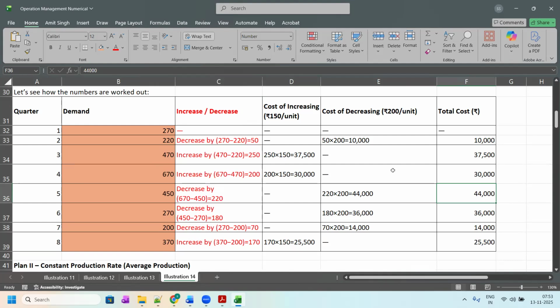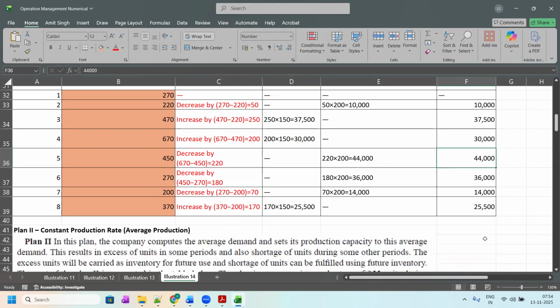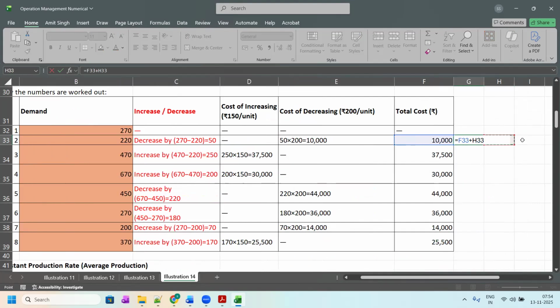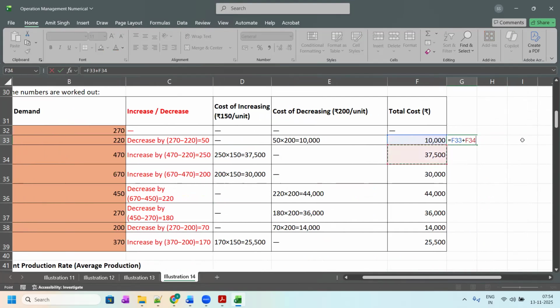If it increased, we have to pay the cost of increasing in monetary terms, and if it decreased, we pay the cost per unit in monetary terms. On that basis we calculated the total cost. This way we calculated the total cost.